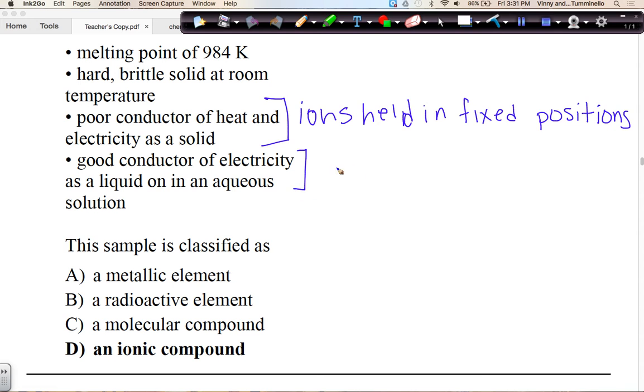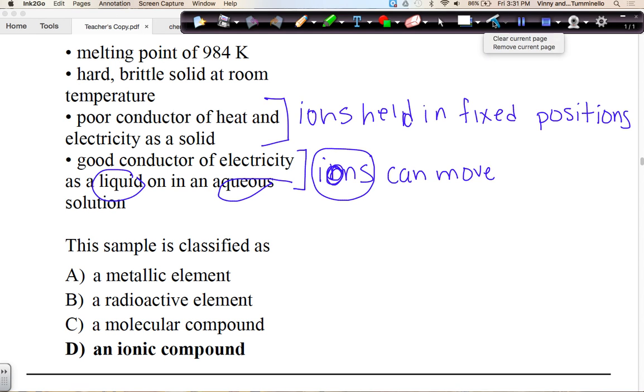But in liquid and aqueous solution for ionic compounds, the ions can move. And we said that in order to conduct electricity, a substance needs to have a mobile charged particle. For ionic compounds, the ions can only move when they are aqueous or liquid, and when the ions can move, the ionic substances can conduct electricity.